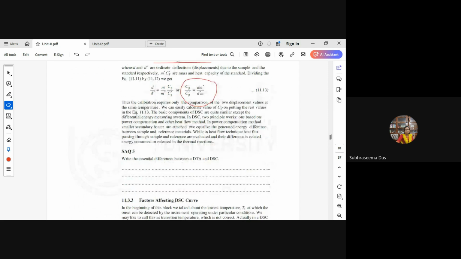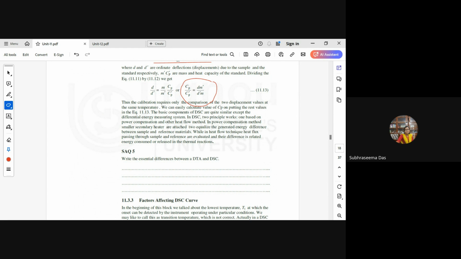The basic components of a DSC are quite similar except for the differential energy measuring system. In DSC, basically two principles are followed. One is based on power compensation and the other is the heat flow method. In the power compensation method, smaller secondary heaters are attached to equalize the generated energy difference between the sample and our reference.